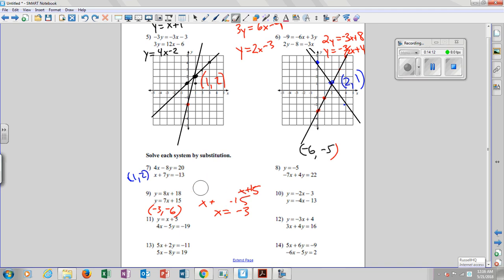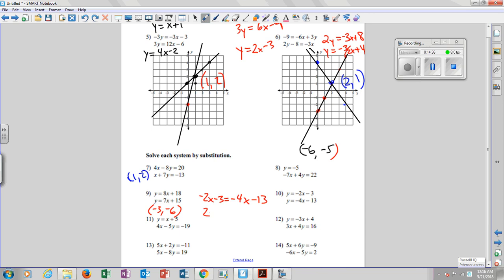Same thing for number 10. Do you set them equal to each other because they're both y equals something? So you're going to do negative 2x minus 3 equals negative 4x minus 13.